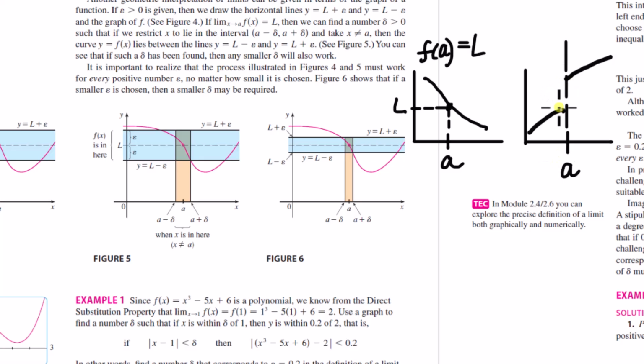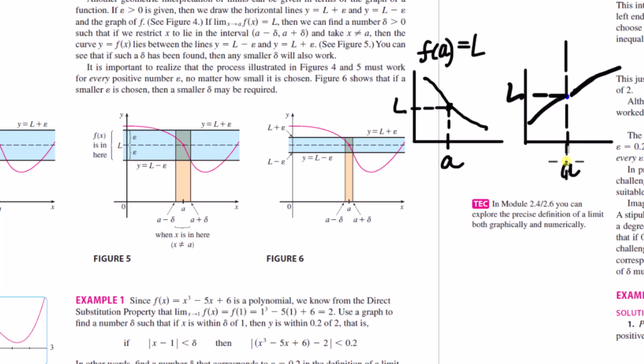So for the limit to be equal to L, you're going to have two unbroken curves coming from either side, and in this case, we're saying that f of a is not equal to L. And then they almost meet, to where all you would need to do to complete the curve is add a single dot. And the location of that dot is lined up horizontally with L.